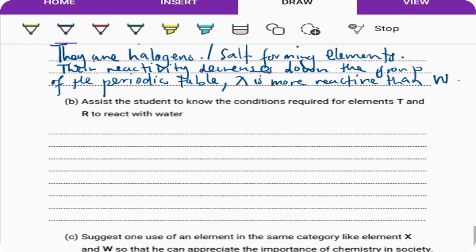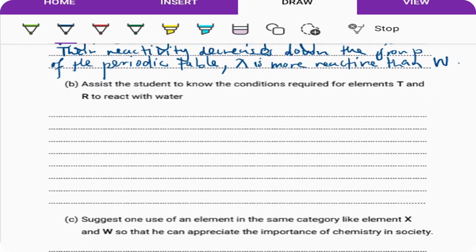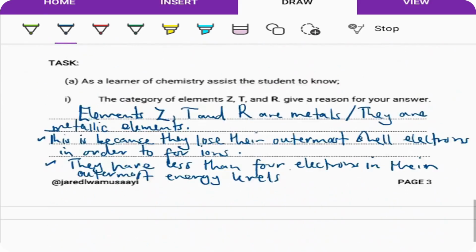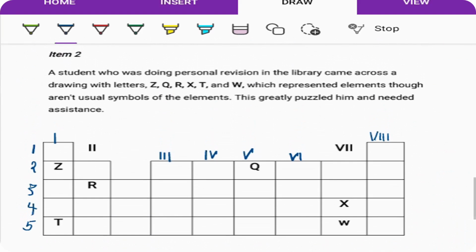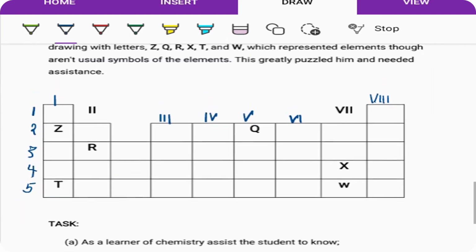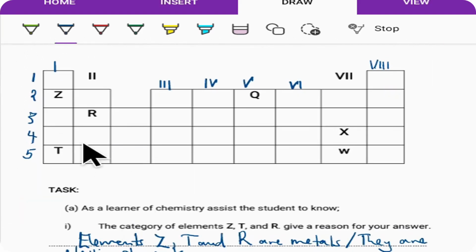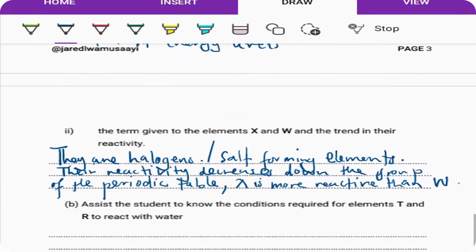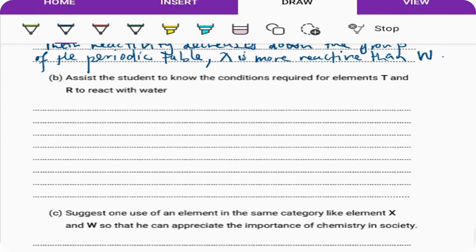So we can now go to part B. Assist the student to know the condition required for elements T and R to react with water. So cross check T and R. T is in group 1, whereas R is in group 2. So we talk about the conditions for them to react with water.